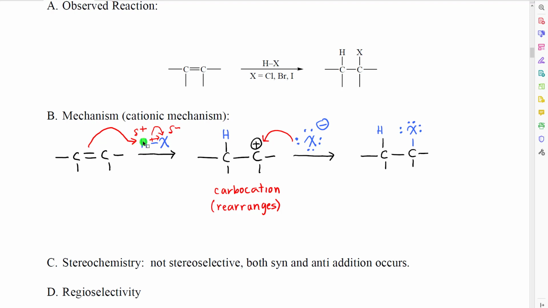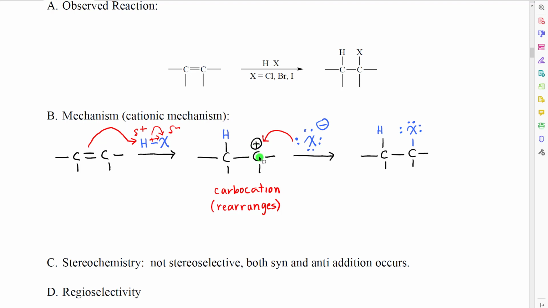Since hydrogen in most cases can only have one bond attached to it, it would let go of a bond on the other side, which would go onto the halogen as a pair of electrons and convert it to a halide ion. This would create an intermediate that looks like this, where the double bond is now a single bond. The pair of electrons that was in the double bond is now attached to the hydrogen, attached to one carbon, and the other carbon lacks a pair of electrons, so therefore it would be a carbocation.